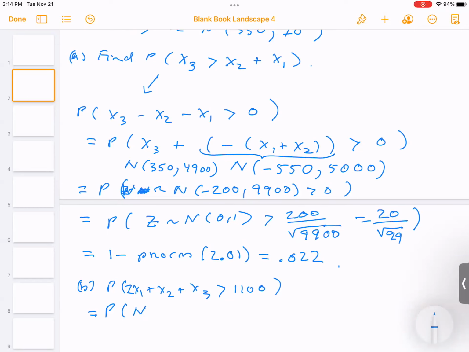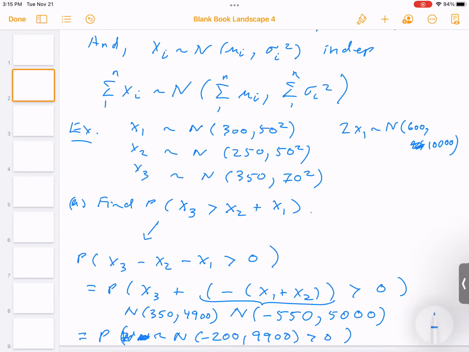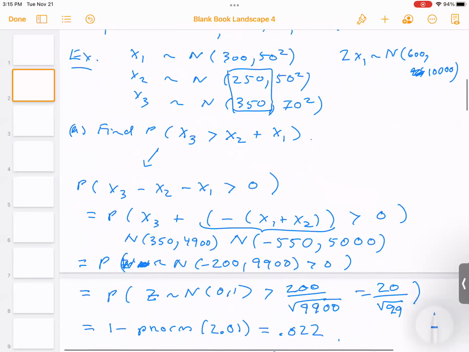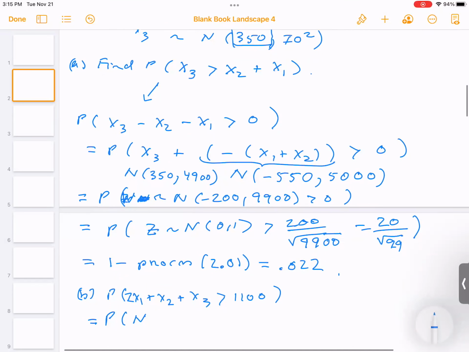Now let's add them all up. 600, and here I have another 600. I can mess this up now. So the mean is 1,200 and the variance is 10,000, 2,500, 4,900. So normal. I forgot, 1,200.